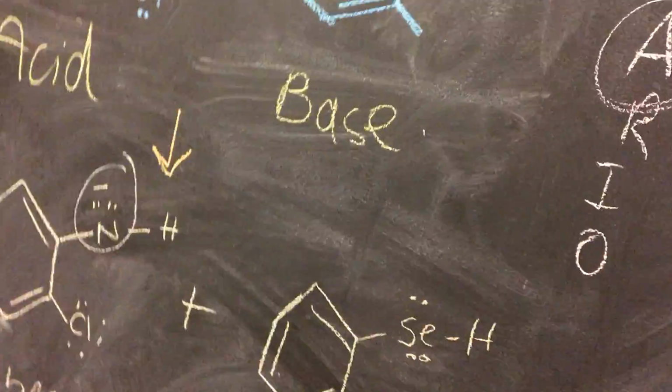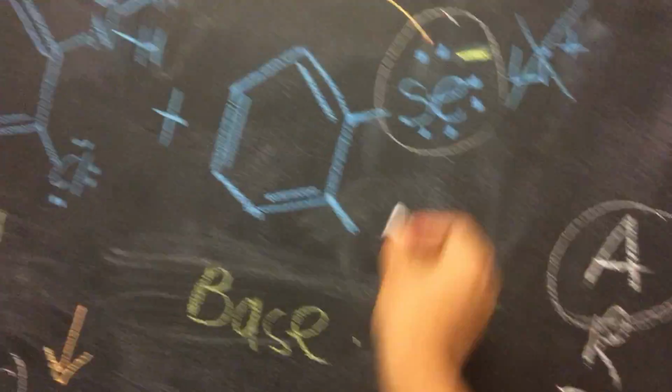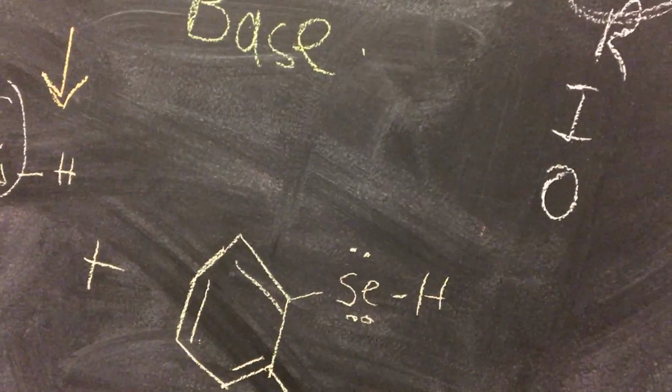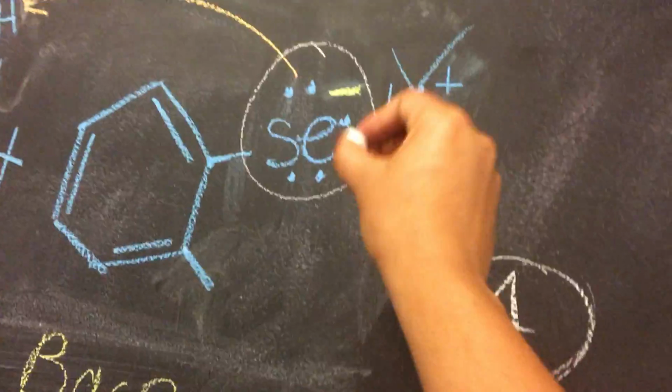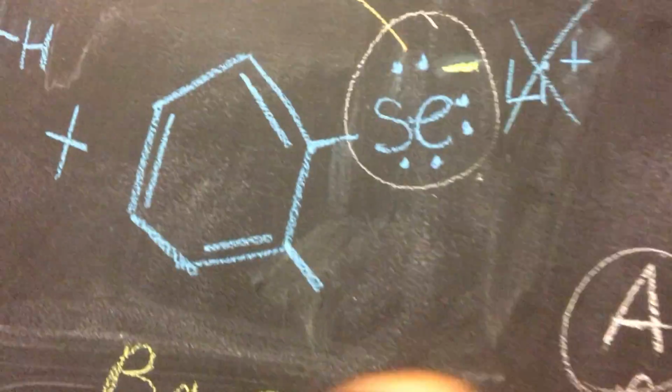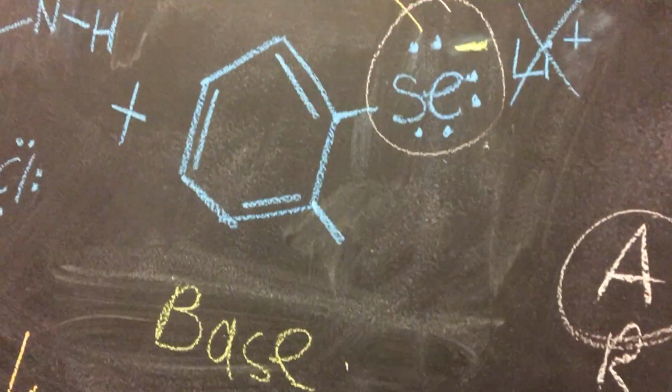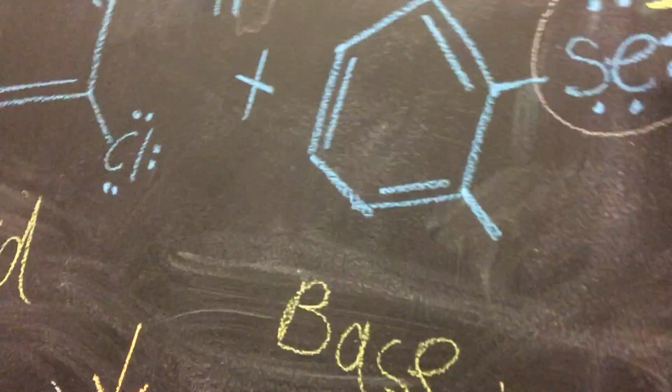And we know that this selenium is going to be bigger than the nitrogen, and that means that it's going to be able to stabilize or spread out the electrons more evenly, with more stability than this nitrogen right here.